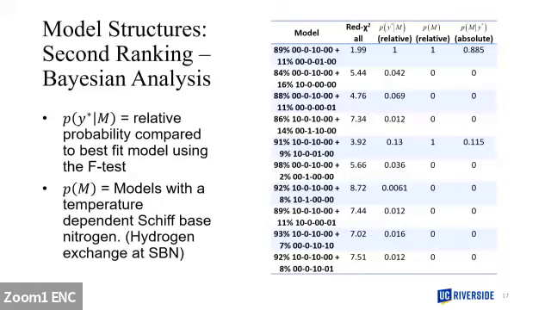The probability of M is the prior probability, which we can use here when a model is consistent with observations not included by the reduced chi-squared, such as the temperature dependence of the shift base. From Bayesian analysis, we can see that our best fit model from the reduced chi-square is most probable with an 88.5% probability.